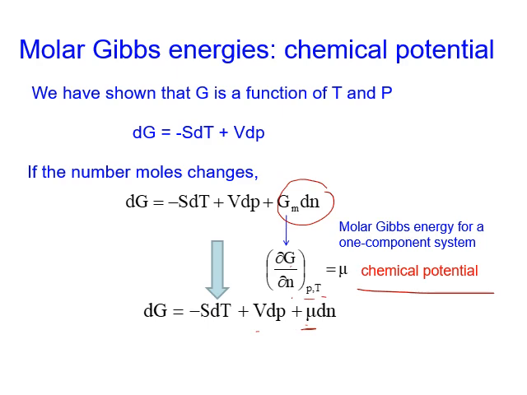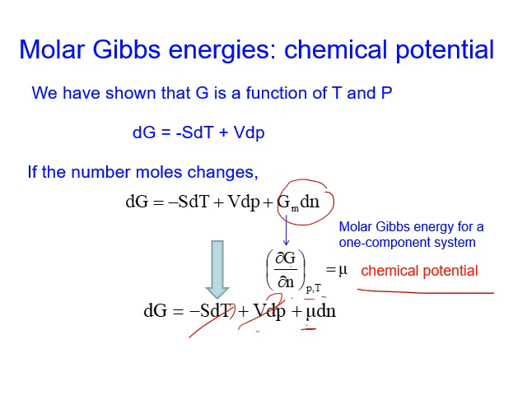To see how important chemical potential is, let's imagine there's a chemical reaction. The reaction can take place at constant temperature and constant pressure, which means that temperature and pressure do not affect the Gibbs energy change, because both are constant.